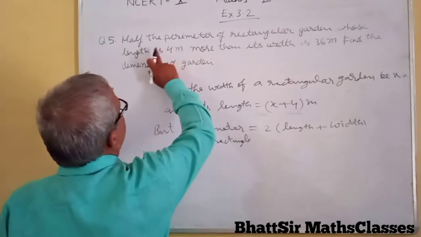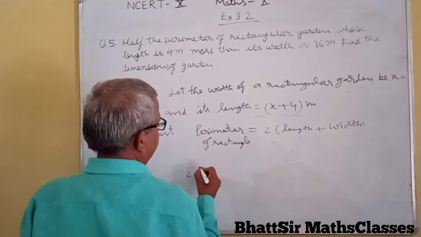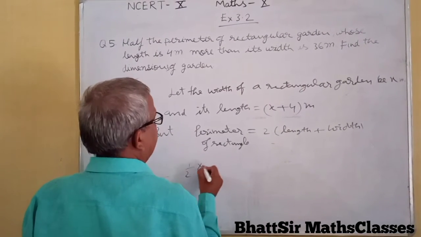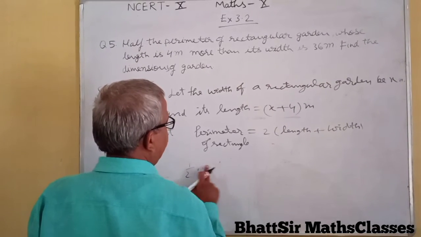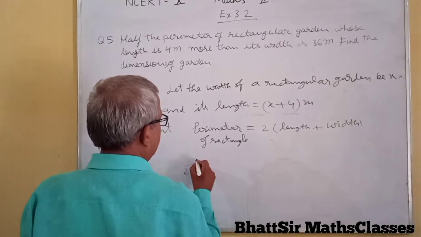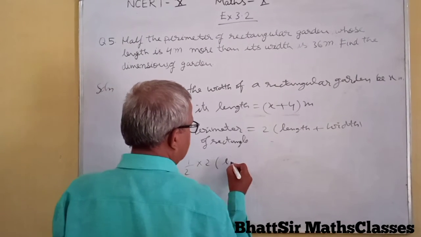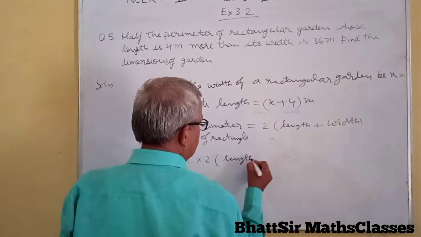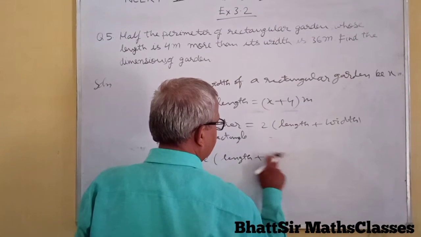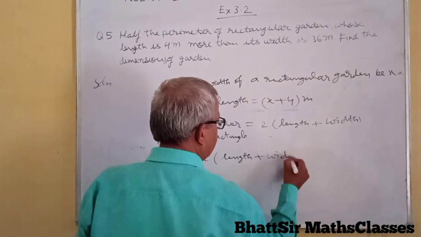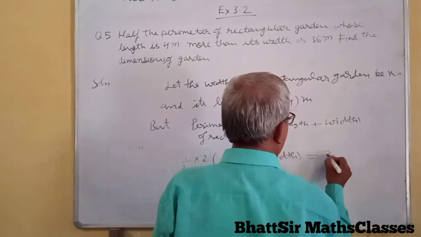So according to the question, half of the perimeter of the rectangular garden is 36. Half of 2 times length plus breadth (width) equals 36.